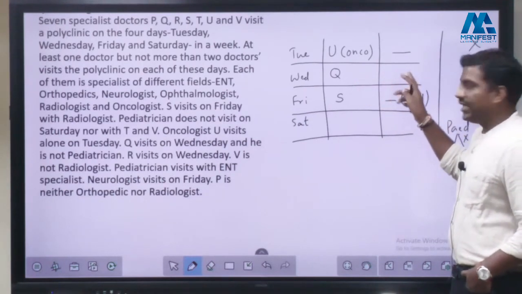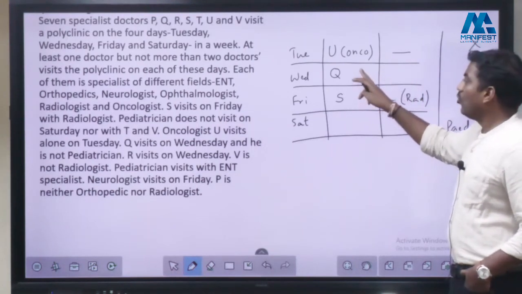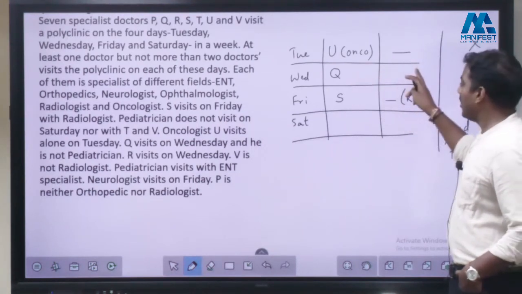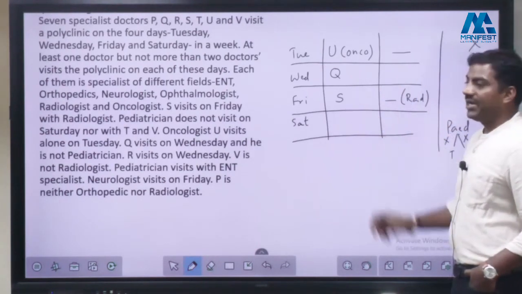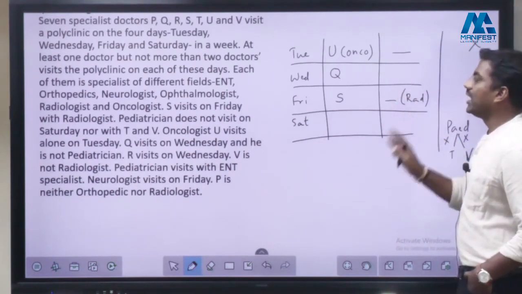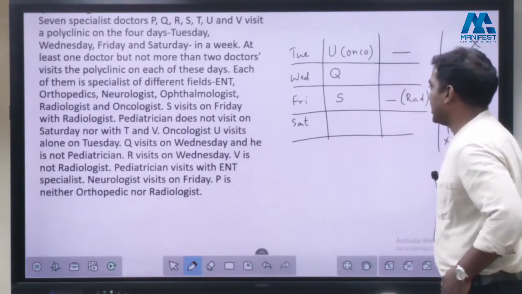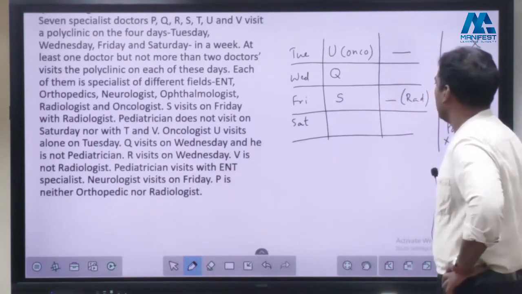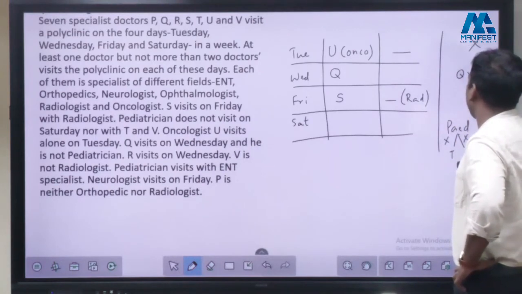If Q was a pediatrician, T and V wouldn't have come here. So let us hold on. So Q visits on Wednesday and he is not a pediatrician.